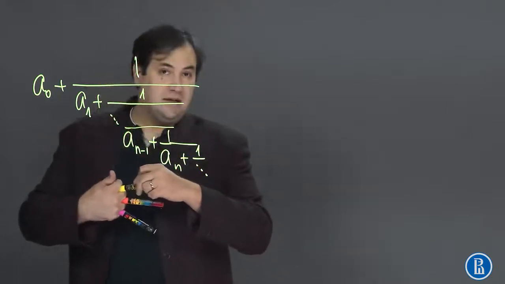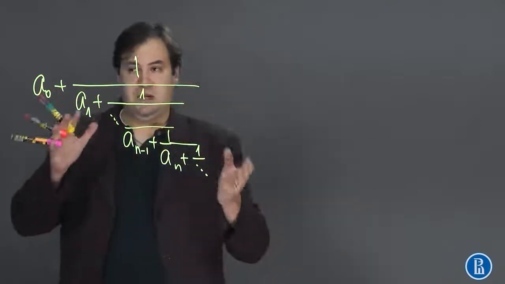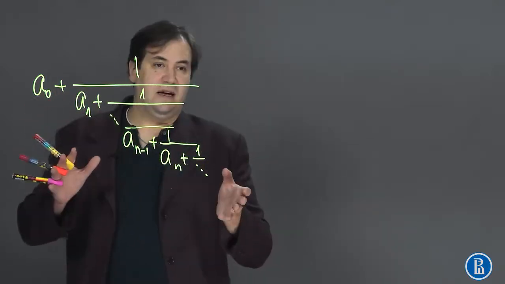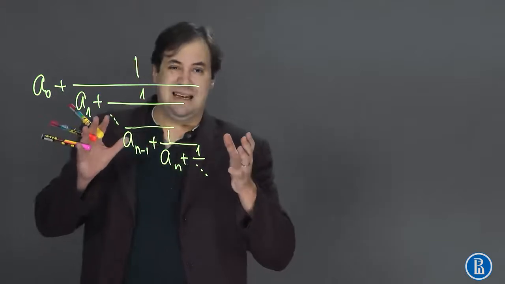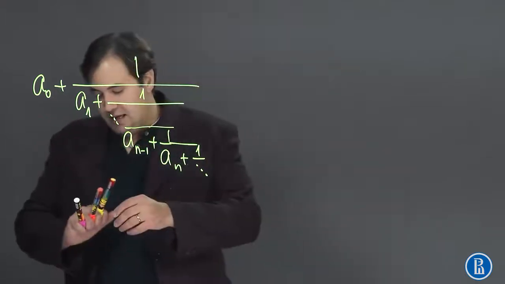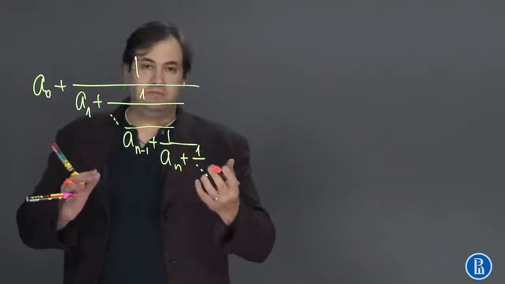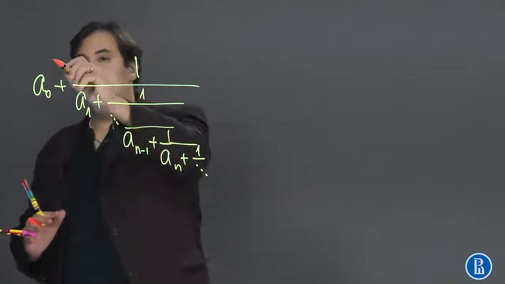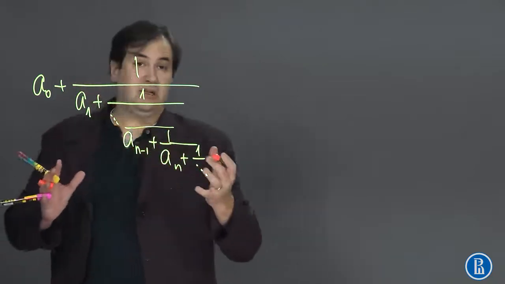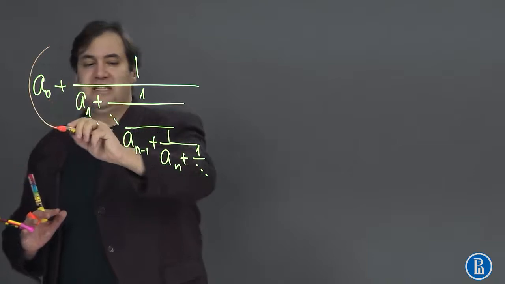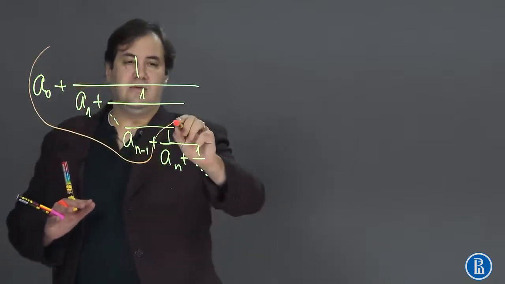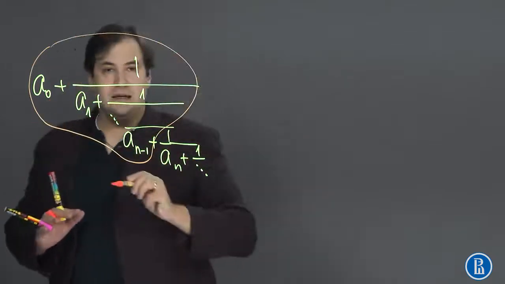So this is a continued fraction. It can be infinite, it can be finite. Mostly we care now about infinite continued fractions, and its convergent is a rational number which can be obtained by taking just a part of this continued fraction.